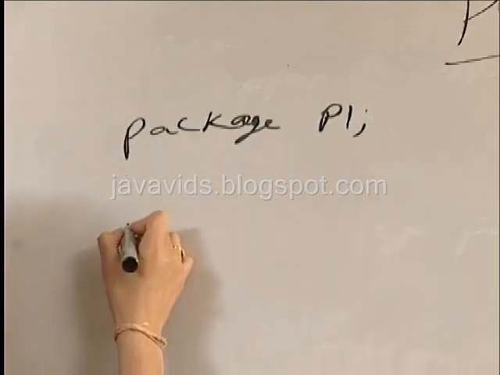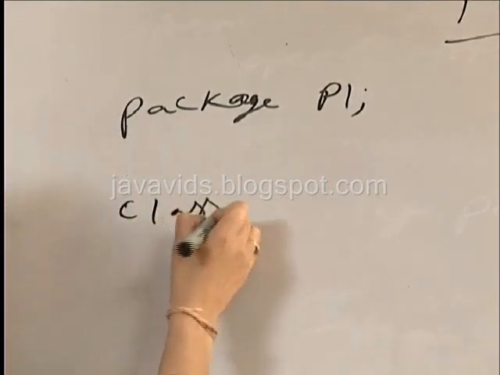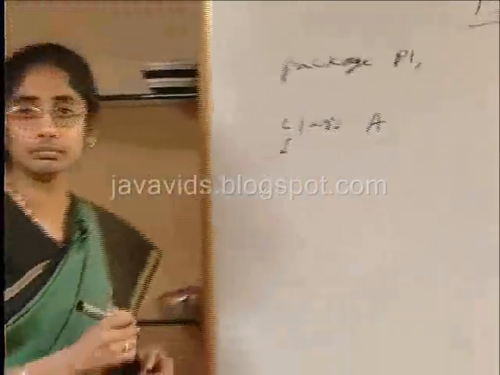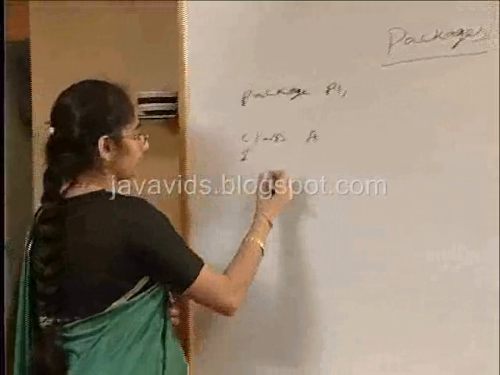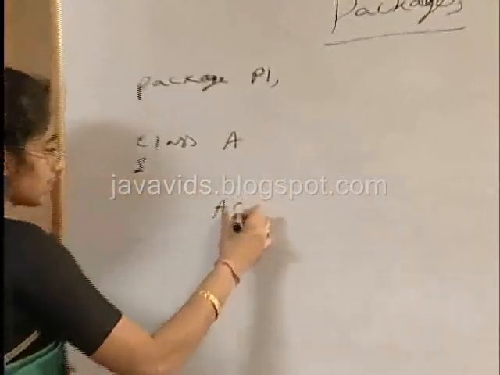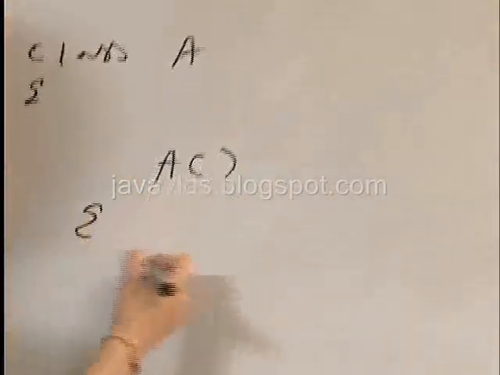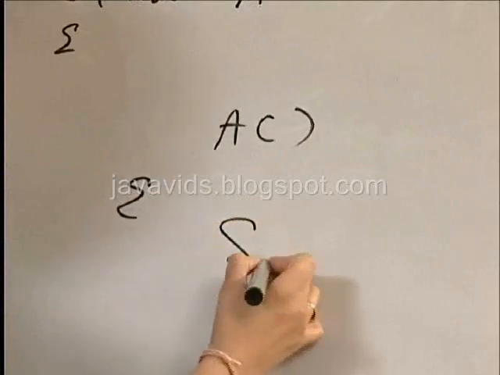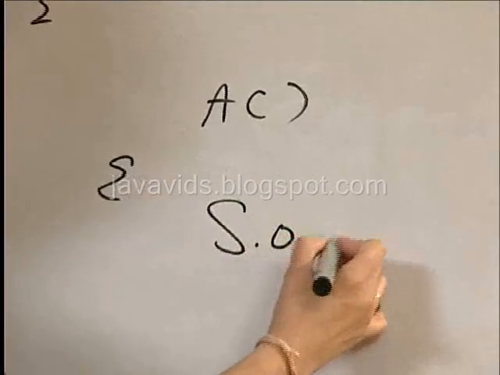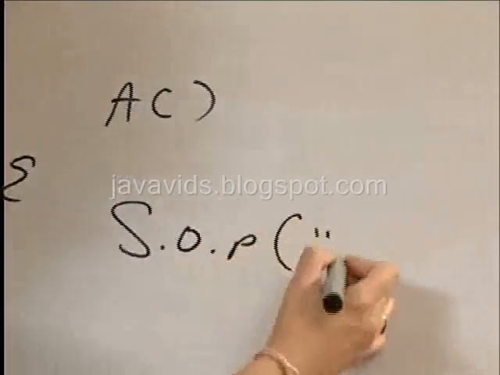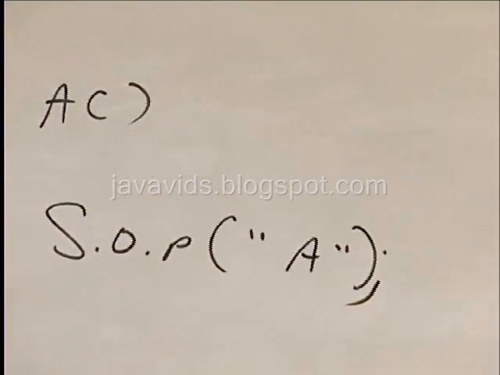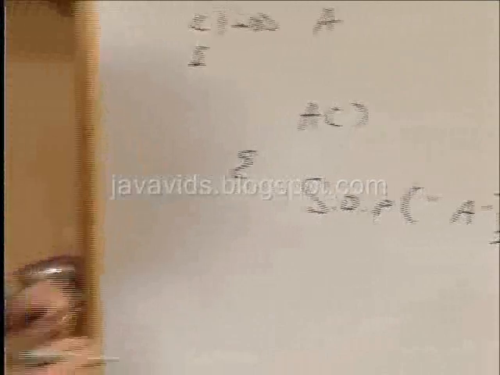Let's write a class here, A in package P1. Let us have a constructor for this class which just says system.out.println of A. SOP stands for system.out.println in short.